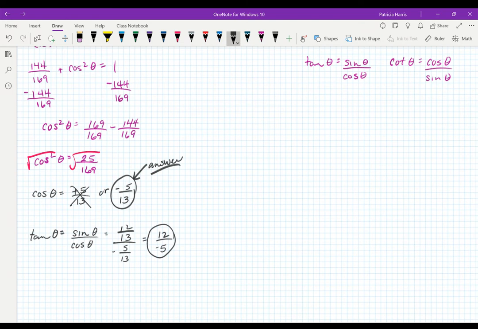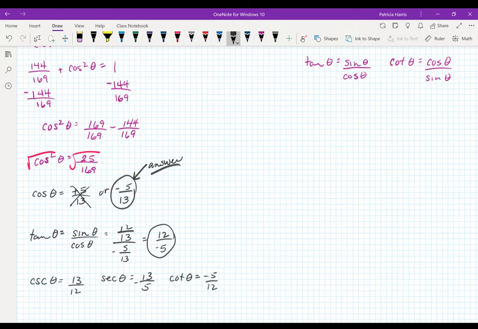Since I have the main three, I can find the reciprocals. Cosecant would be 13 over 12. Secant would be negative 13 over 5. And cotangent would be negative 5 over 12. And that's it.